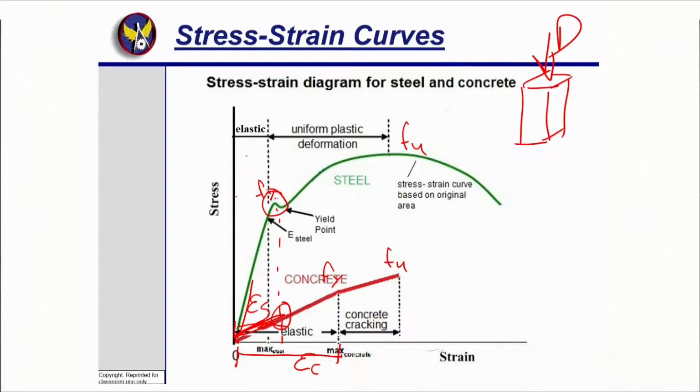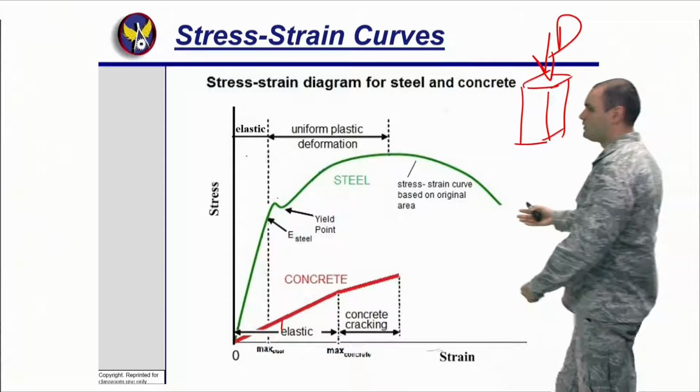Therefore, I have a higher stress in my steel, and my steel is going to yield first. All right? And also the reason why I show this is for you to understand why we reinforce. You get to see that the stress capacity of steel is way, way, way larger than the yield capacity of concrete. So hopefully this helps you understand a little bit about it.